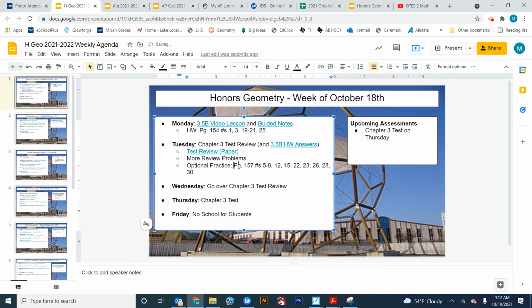Your homework is to finish the chapter 3 test review handout. So the paper you have in front of you is the chapter 3 test review handout. Optional extra practice are the pages below.